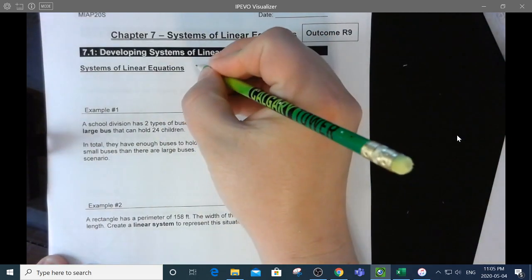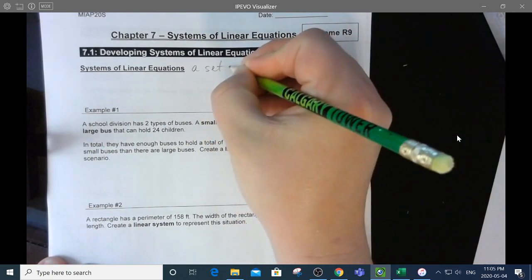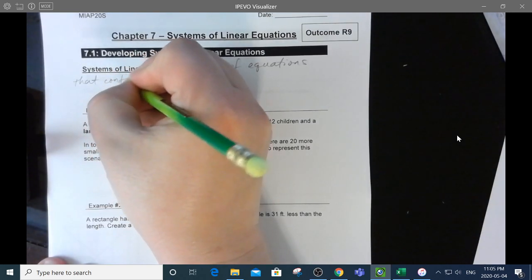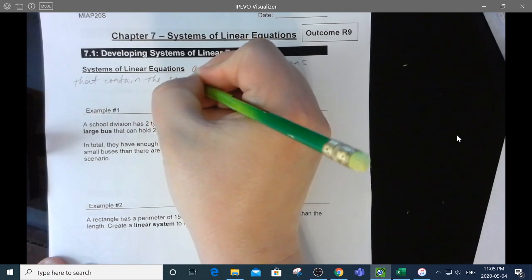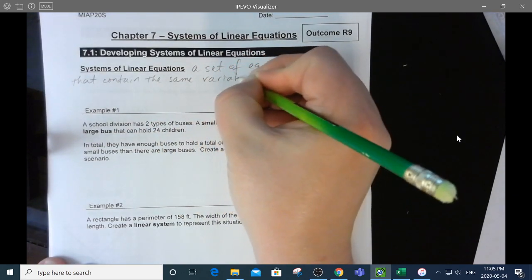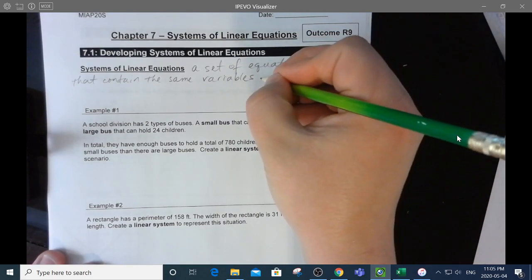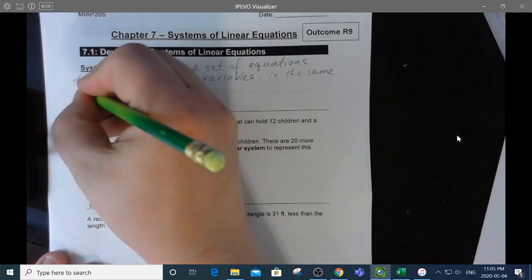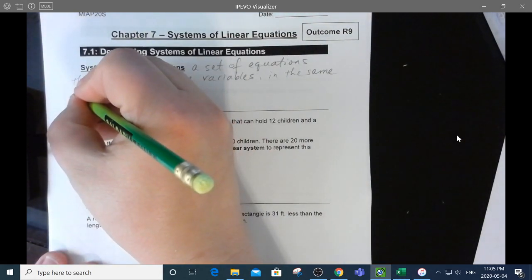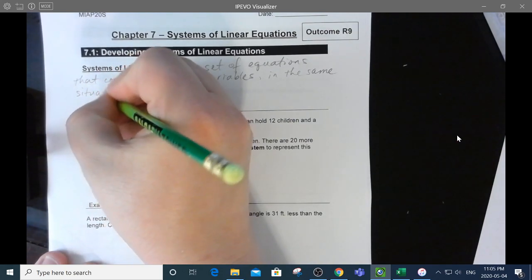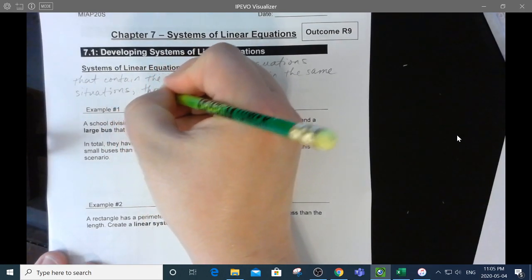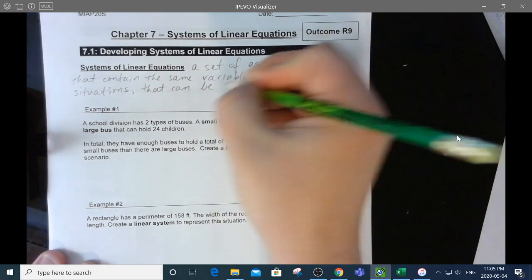A system of linear equations is a set of equations that contain the same variables in the same situations, if it's a word problem especially, that can be solved.